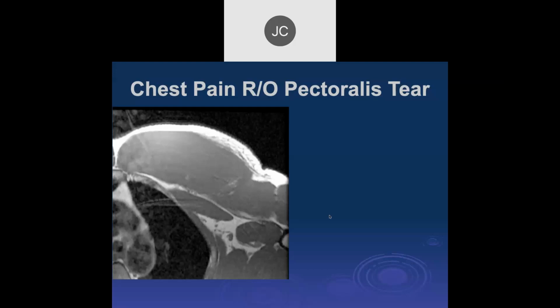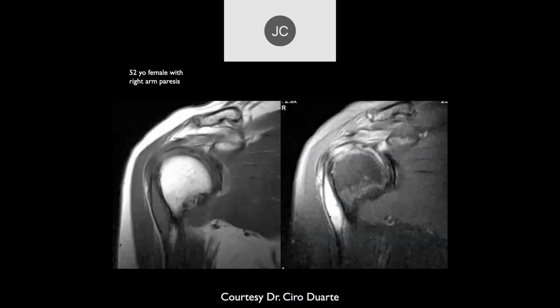Okay, rule out pec tear. Sure, we're looking. Hey John, can you go back to that last one? Yeah, that could be pressing on the axillary nerve. Well, I think the axillary nerve is in here, isn't it?